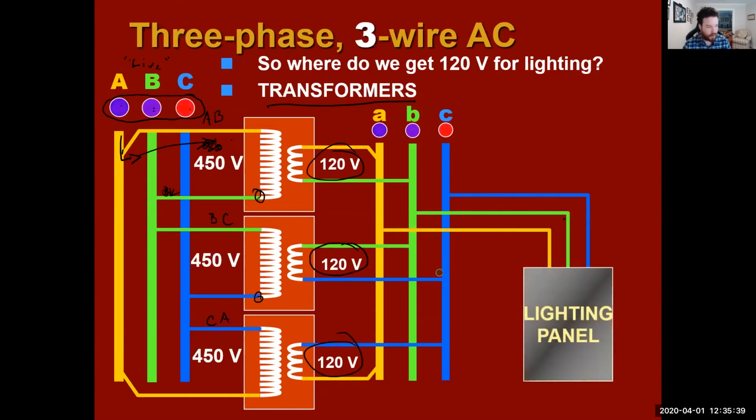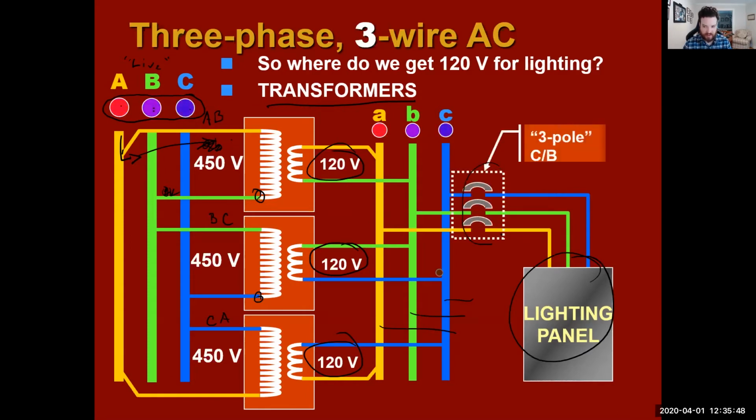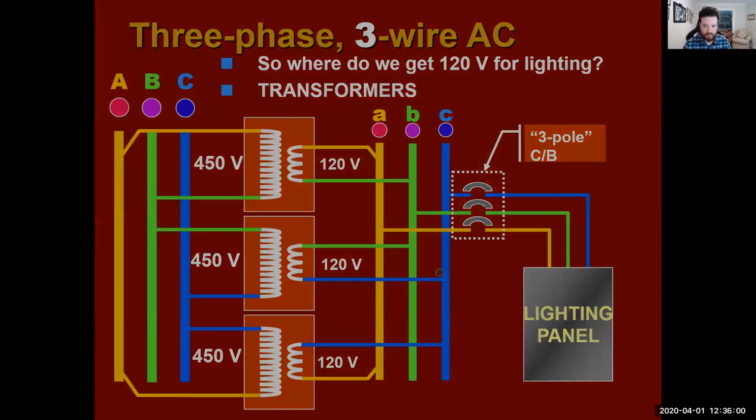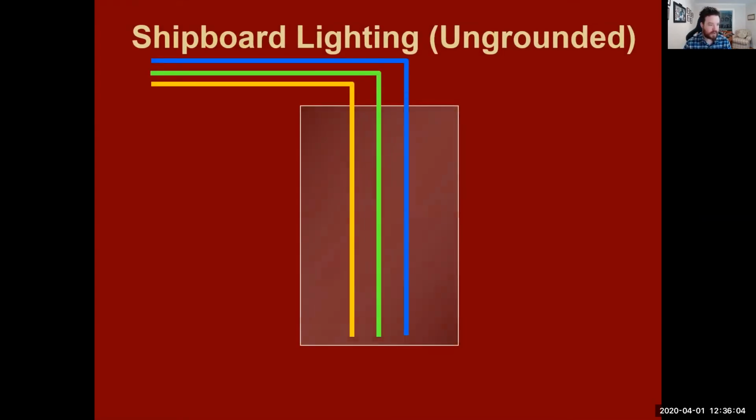And then those go off to our lighting panel, and then they can go off to do different things as well, but we're just going to go into our lighting panel. They have a 3-pole circuit breaker. All right. If they are boxed in together like this, it usually means that they are connected. So they would have a line that would go across them. So ungrounded lines.